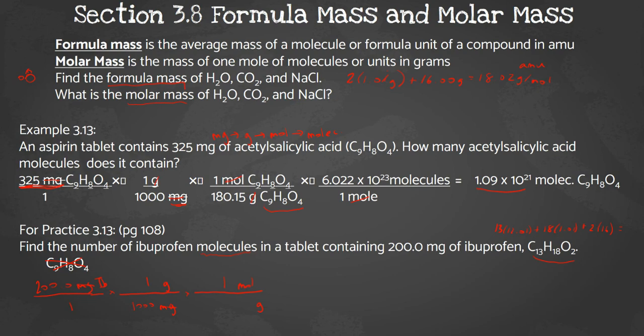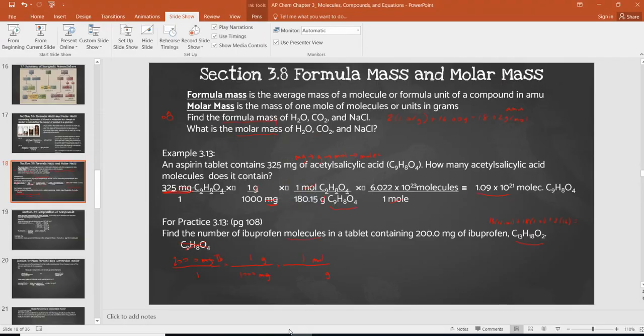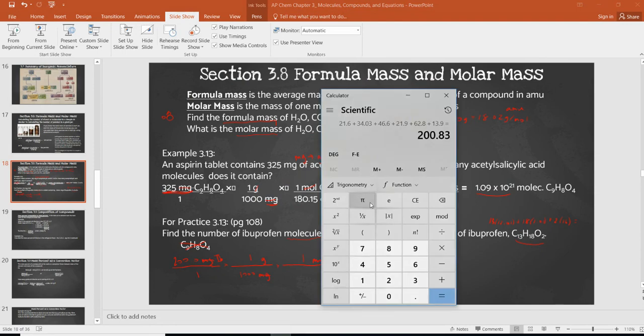So if I add up all of those things, I should get a really big number that I don't have written down. Okay, let's do it. So 2 times 16 is 32, and 18 times 1.01 is 18.18.